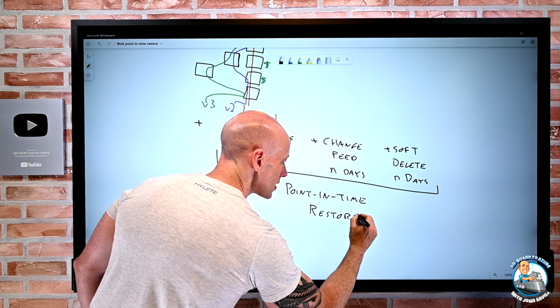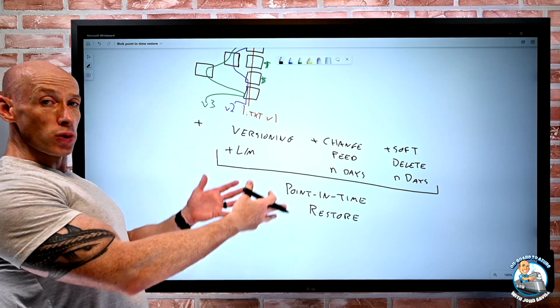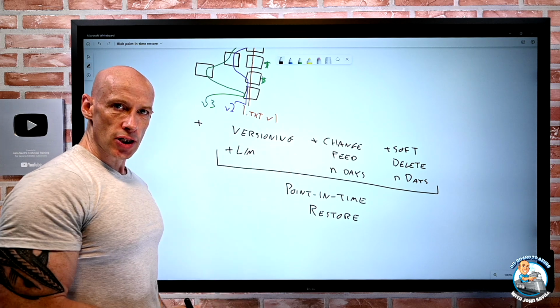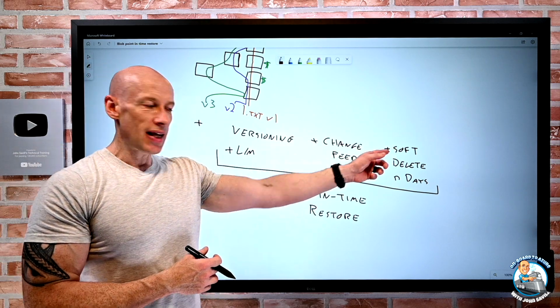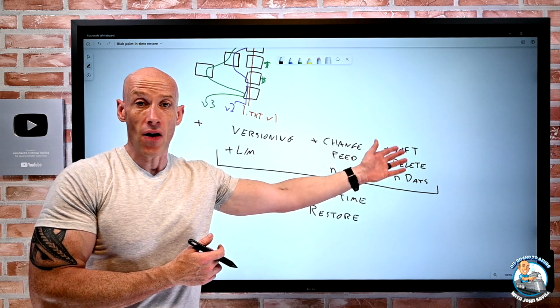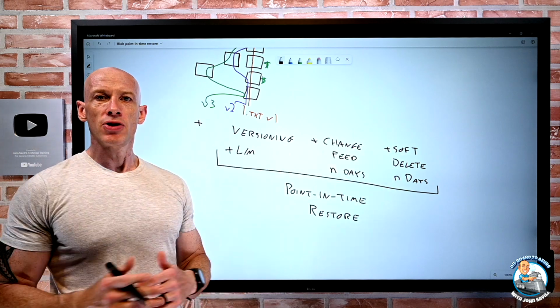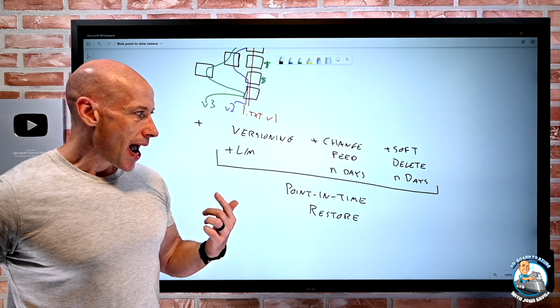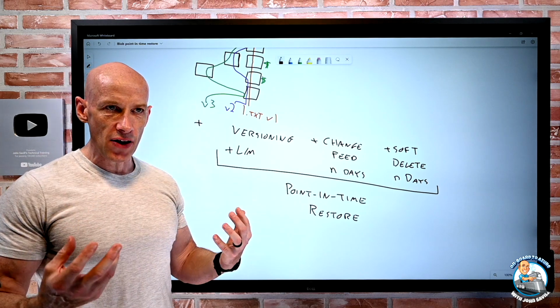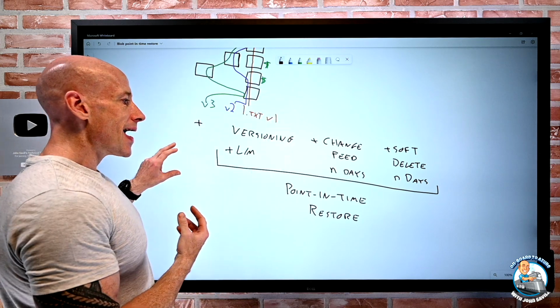So I go and configure point-in-time restore to be 14 days. It turns on versioning. It turns on the change feed. It turns on soft delete for my time, 14 plus 5, so 19 days. I'm now protected. And what this adds is, instead of me having to manually go to versions or do whatever, it treats it as a whole.